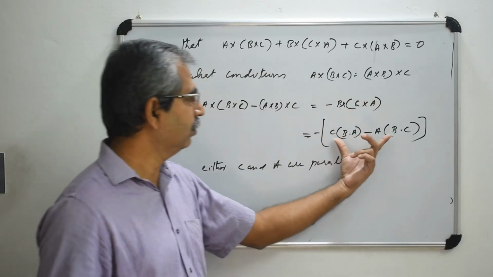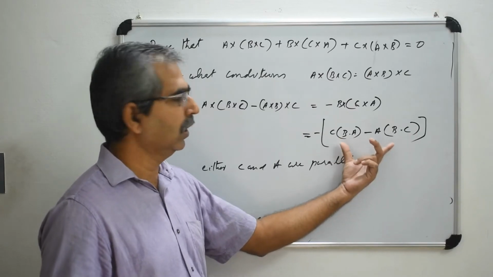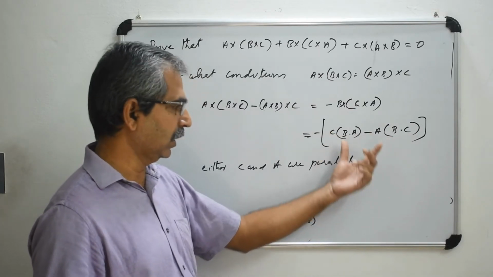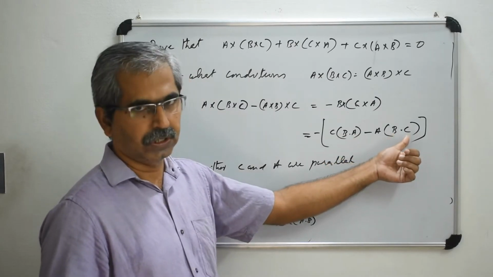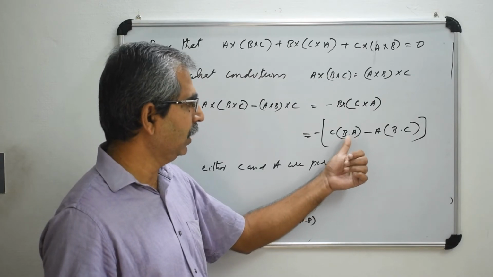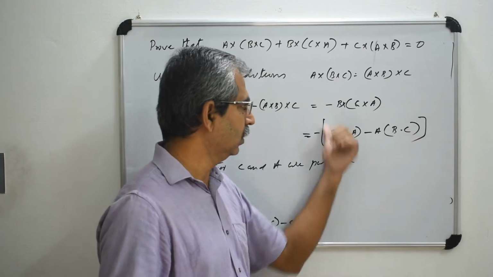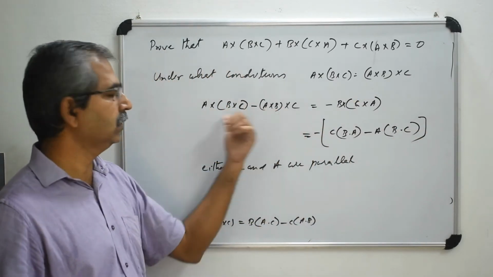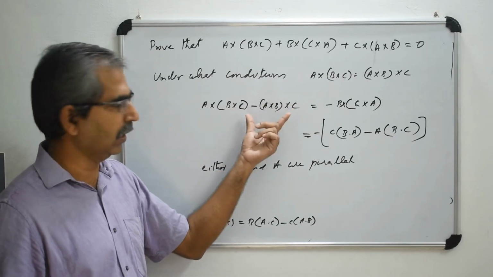And from this second part, from this side, you can arrive at another conclusion that B dot A, B dot C, dot products are there. So here the condition is that B dot A must be equal to 0 and B dot C must be equal to 0. Then this one and this one are the same, that is, they are equal.